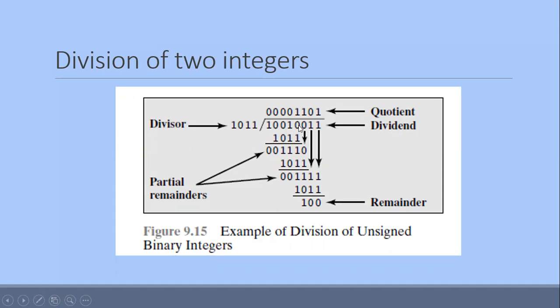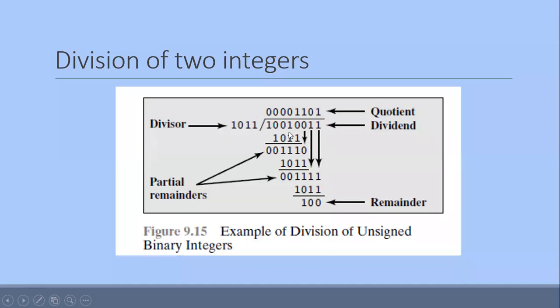So 0 minus 1 will be 1, and borrow 1. 1 minus 1 will be 0. So this is the partial remainder you have got, 00111. Then 0 minus 1 will be 1 with borrow 1.